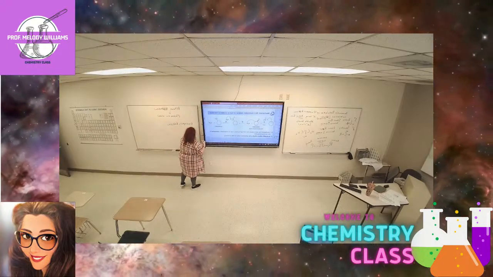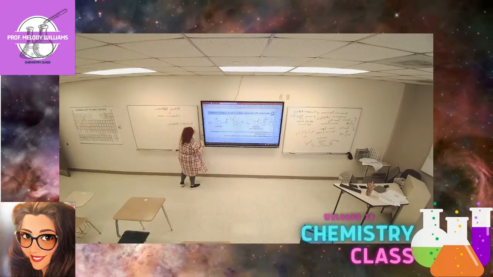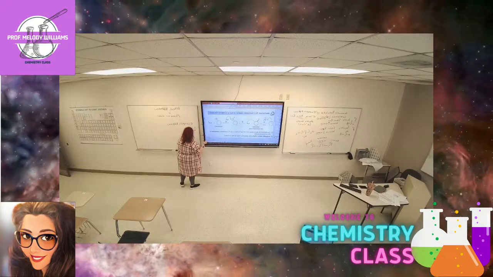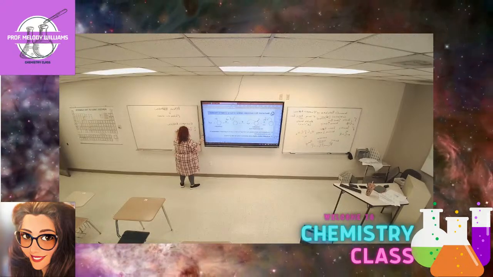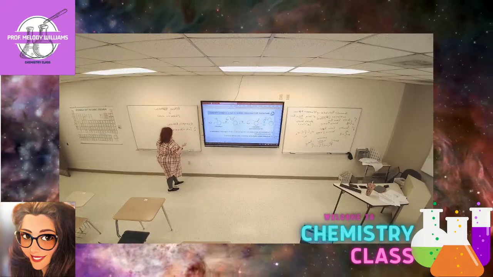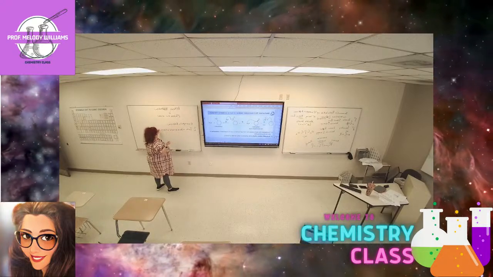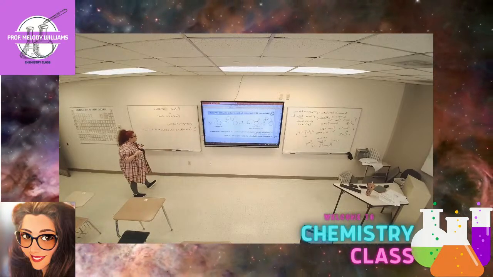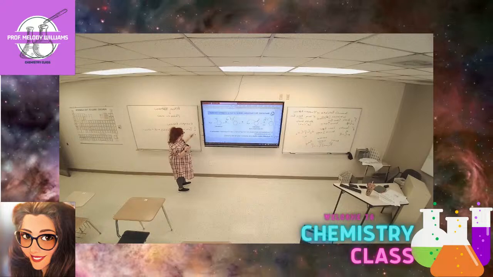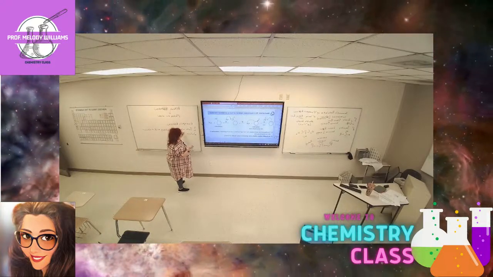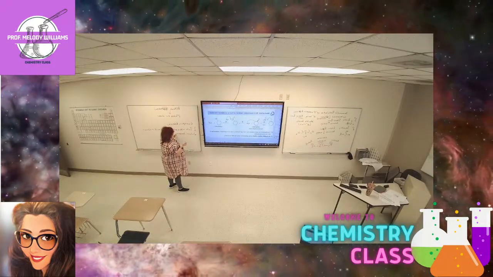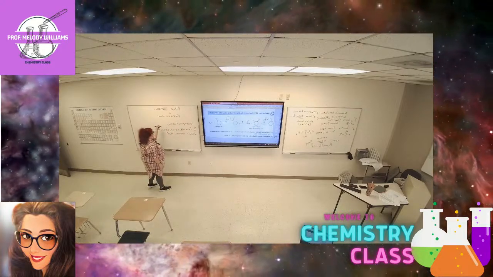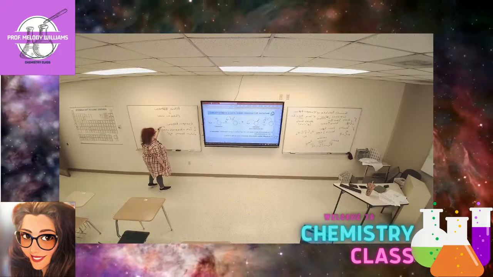Electrophilic addition to make an alcohol. First thing we do, take alkene and add strong acid plus water. Okay? The water becomes H3O plus. So if our strong acid was HCl, right?